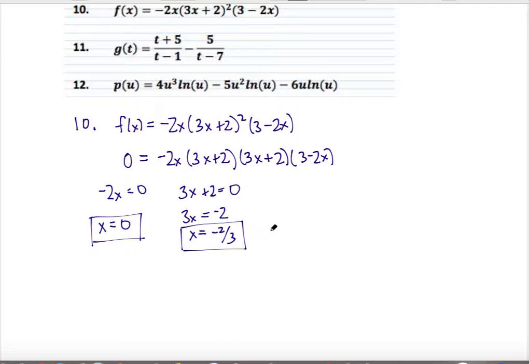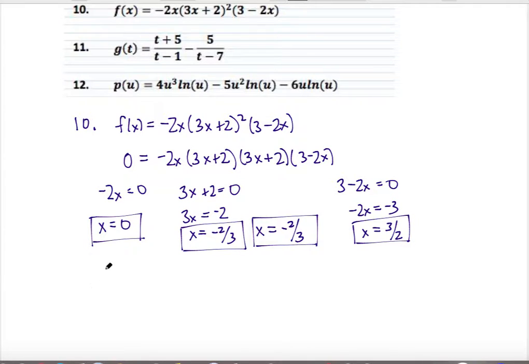This being an identical binomial or an identical root would just mean that I have a double 0 at x equals negative 2/3. Then for the last term, I have 3 minus 2x equal to 0. So negative 2x equals negative 3, and x equals a positive 3/2. So that is all there is to finding the roots for question number 10.